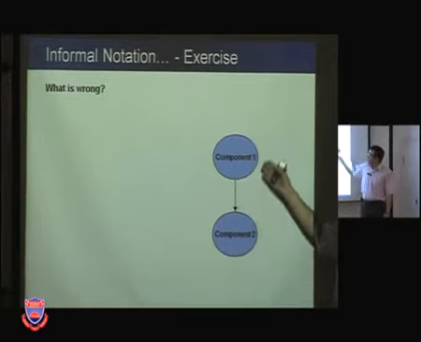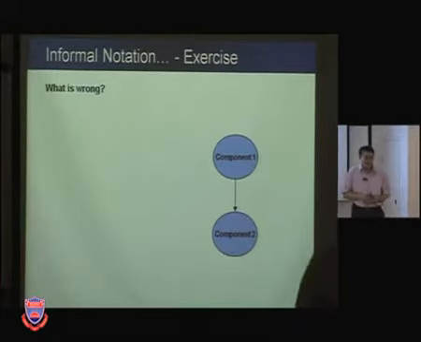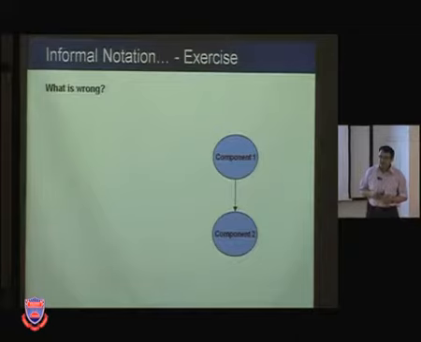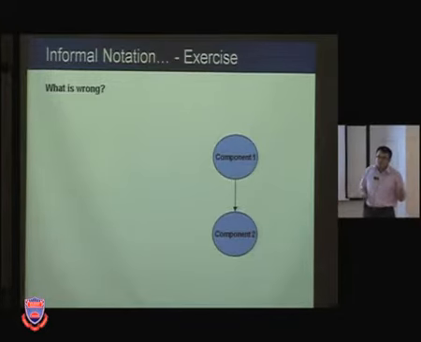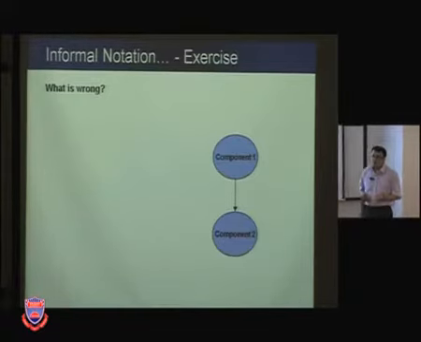Right? What about the components? What do the components mean? What I've seen in many of such diagrams, it could be a class, package, nodes. We don't know actually, right?